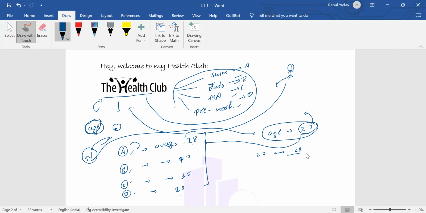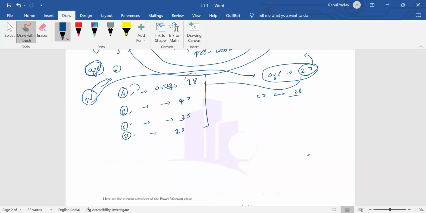So this is the meaning of how we use central tendency.